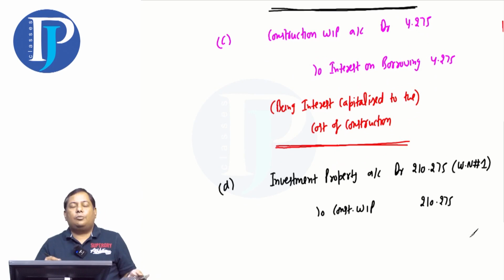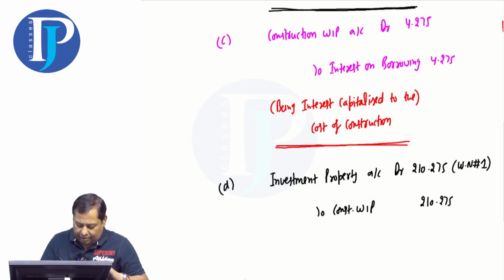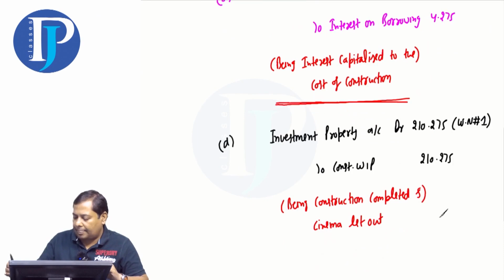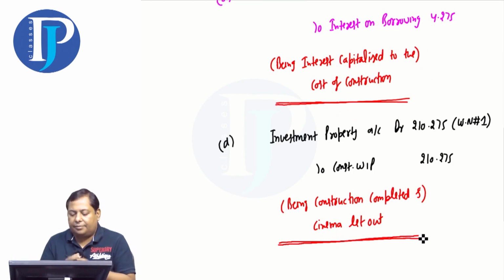When your construction is completely done, then your construction WIP will be converted into an investment property, being construction completed. Means your construction is complete and your theatre is let out now.